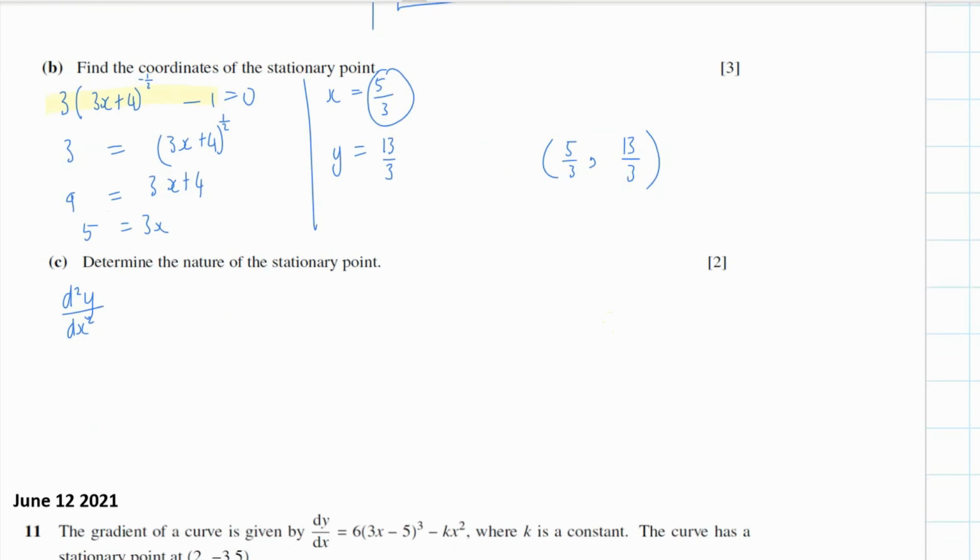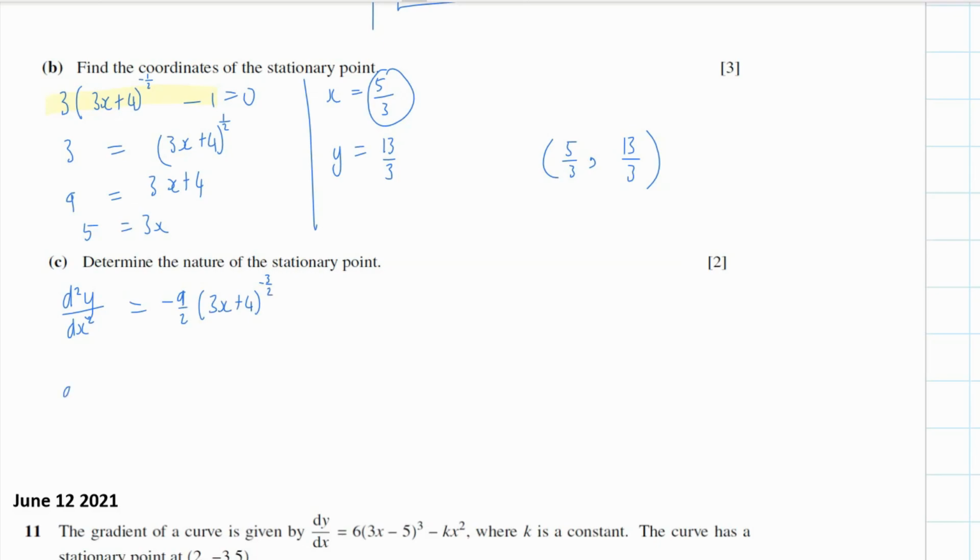So that 1's going to drop out. We take the negative 1/2, we times it by the 3, so this times this times this. So I think we're going to get negative 9 over 2 as our number in front of the bracket. Then that whole bracket is going to drop down by a power, so it should be negative 3 over 2.